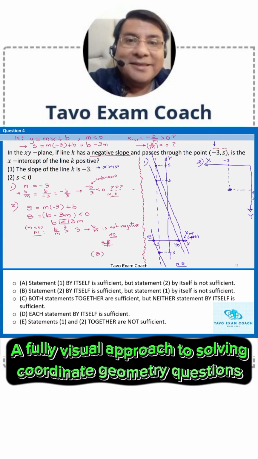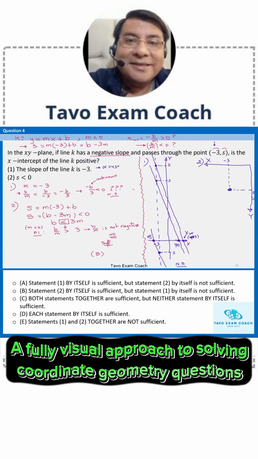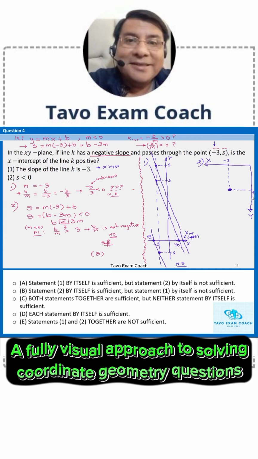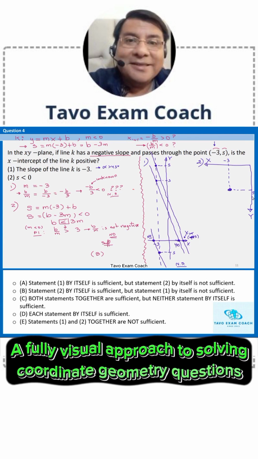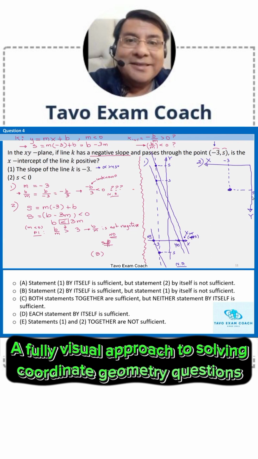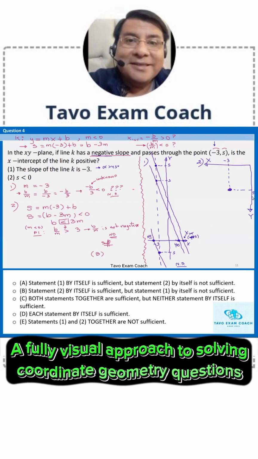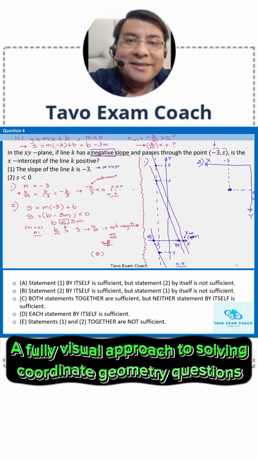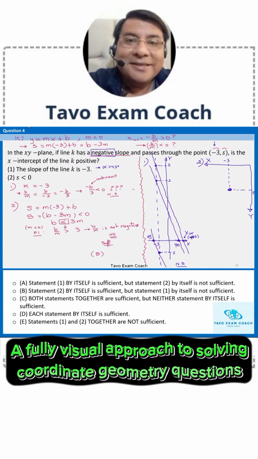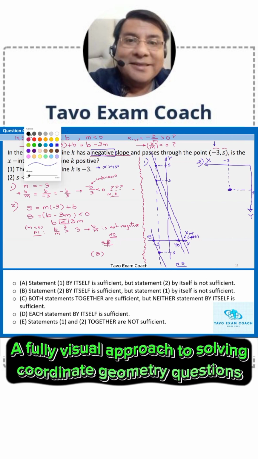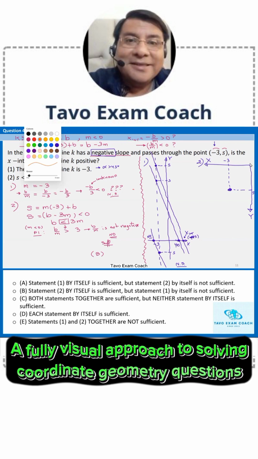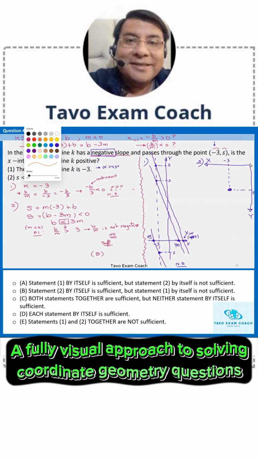Let's imagine this is the passing point for line K. So now we don't have the slope of the line uniquely defined, but we still know that the slope has a negative sign. So we can try and visualize different lines with negative slope passing through that point.